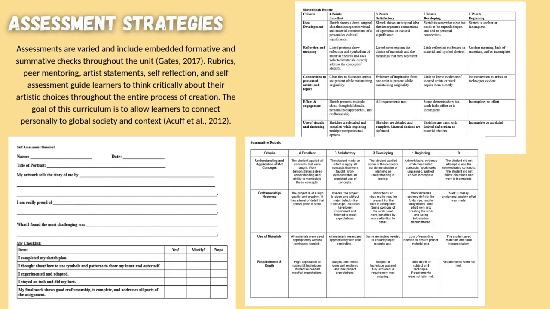Each unit will include a self-assessment handout tailored to the individual project. Sketchbook rubrics are included occasionally to help with brainstorming and ideation, and summative rubrics will end every one of the 6 projects for overall comprehension and understanding.